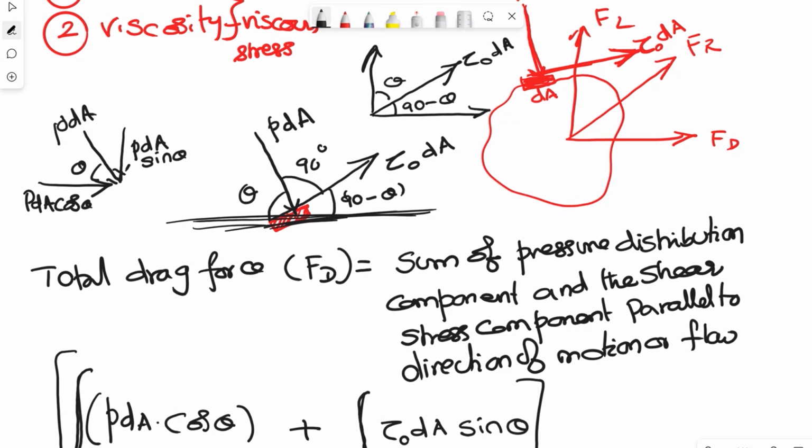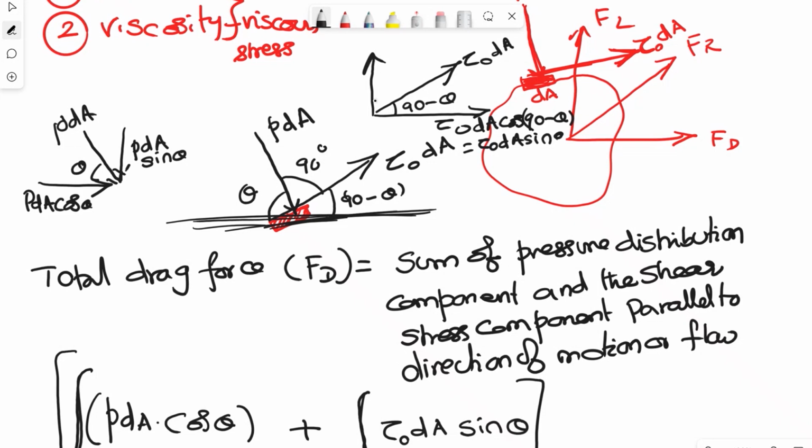If I take it here, it will be tau naught dA cos of 90 minus theta, which equals tau naught dA sin theta. So that is how the other one acts.